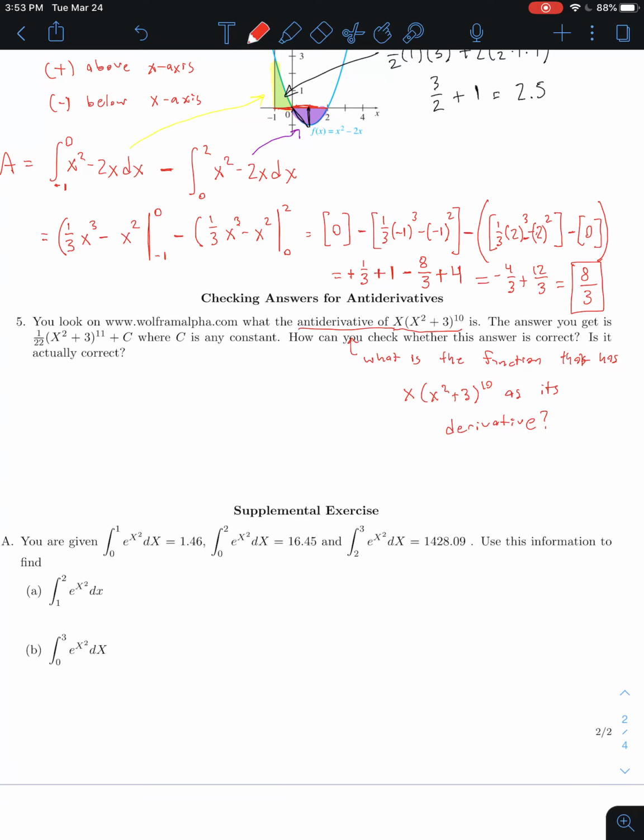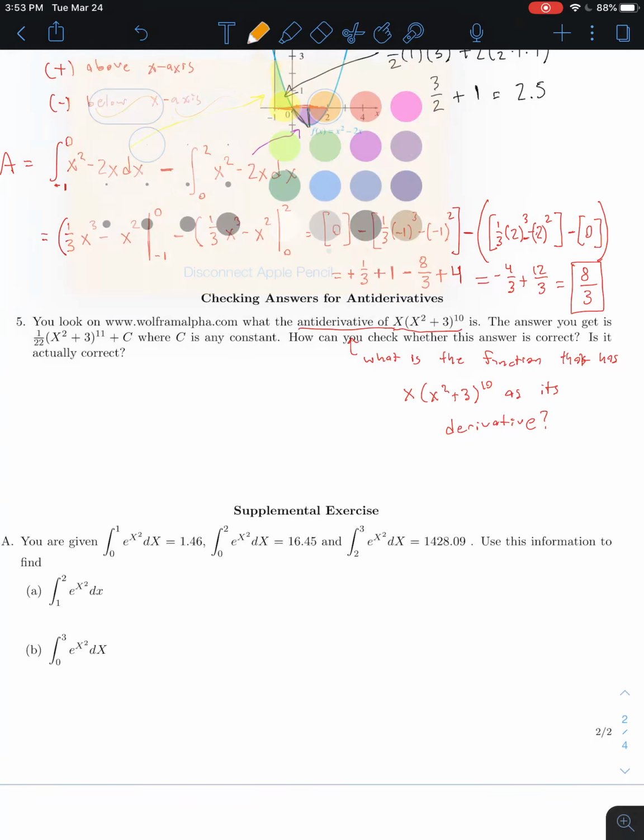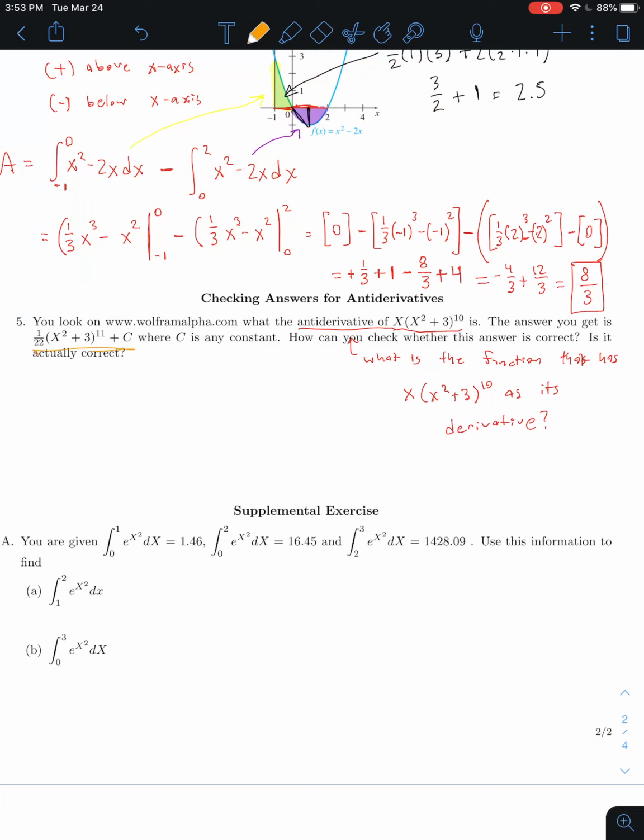That's what the antiderivative is. And if Wolfram Alpha is telling us that this function is the antiderivative, then we can check by taking the derivative of the orange function and seeing if we get the red function back. So we want to compute the derivative of this function, and to calculate it, we want to use our derivative rules.